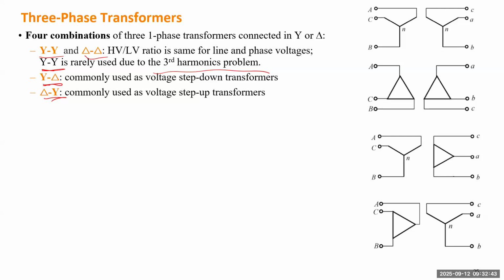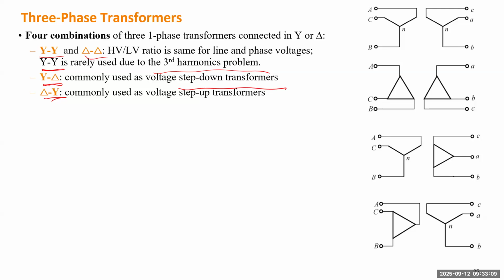Y to delta connection can easily be used as a step-down transformer, because for each phase the primary and secondary sides of the transformer design are exactly the same. Basically, you just use the 1-to-1 ratio single-phase transformer and connect 3 sub-transformers to behave as a Y to delta connection.